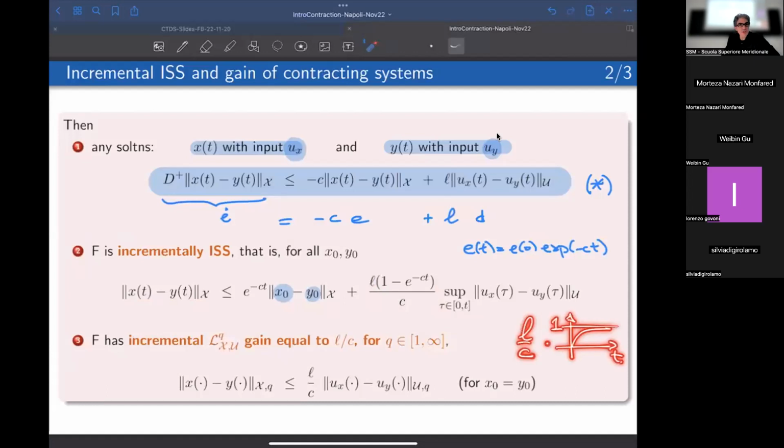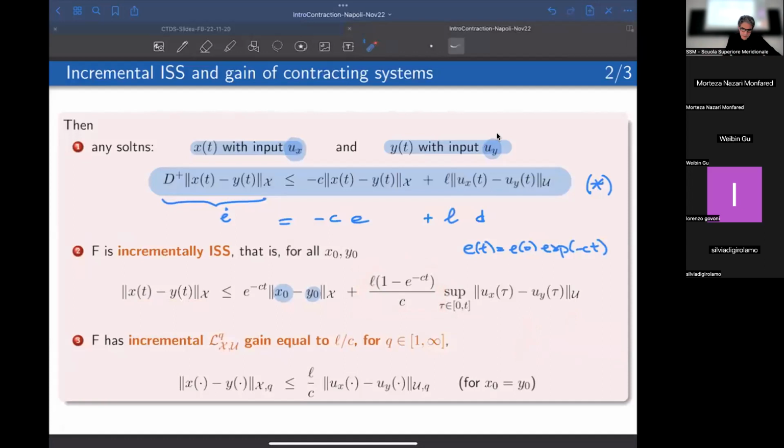So this is my picture here. So in other words, I could even upper bound the coefficient, and if I upper bound the coefficient, it's L over C. So contracting systems subject to a disturbance asymptotically converge to an error of size L over C.